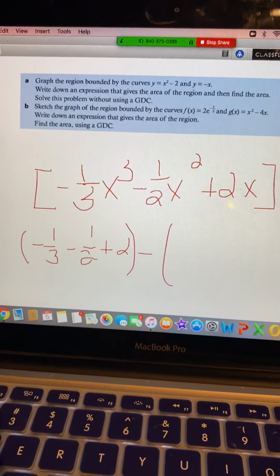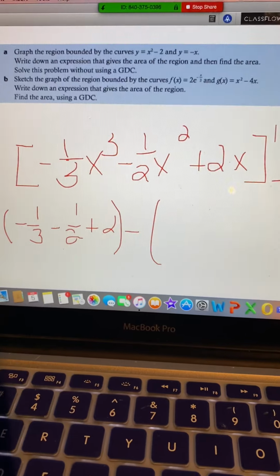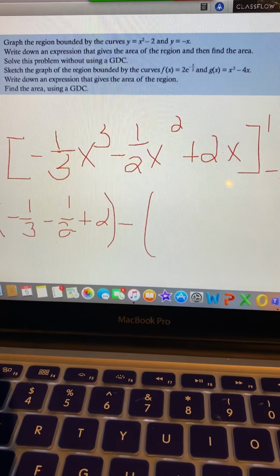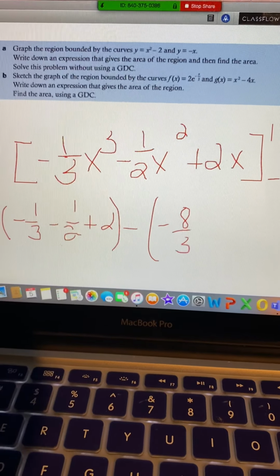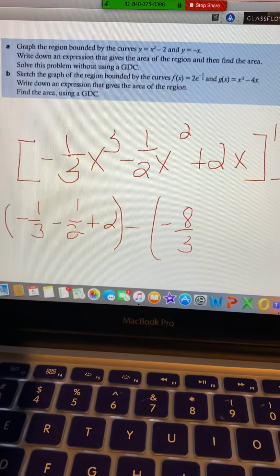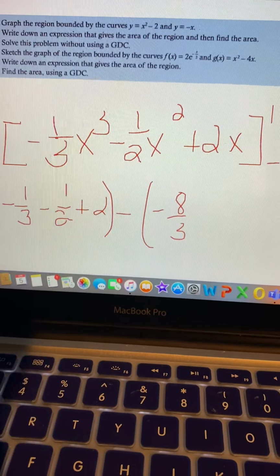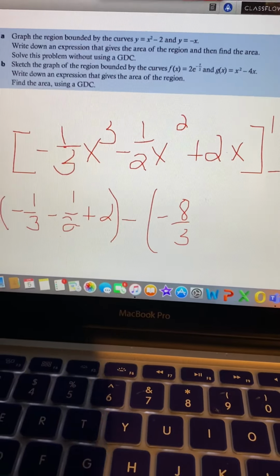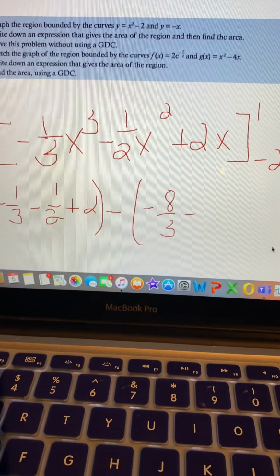Minus, if I plug in negative 2, I get negative 2 cubed, which is negative 8 times negative 1/3 is 8/3. Negative 2 squared is positive 4, times negative 1/2 is negative 2.